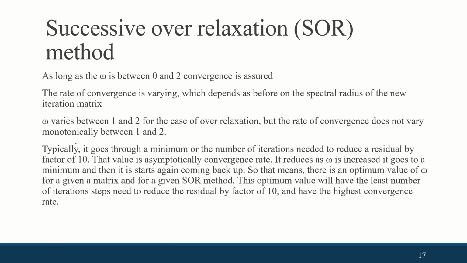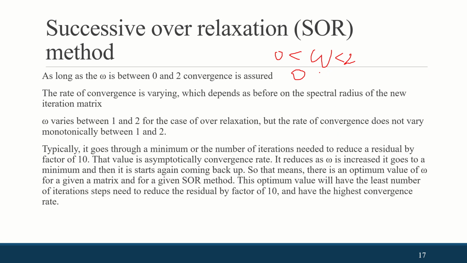So what we do in the successive over relaxation method is that we introduce an additional term, omega, in the traditional iterative techniques. This omega is between 0 and 2.